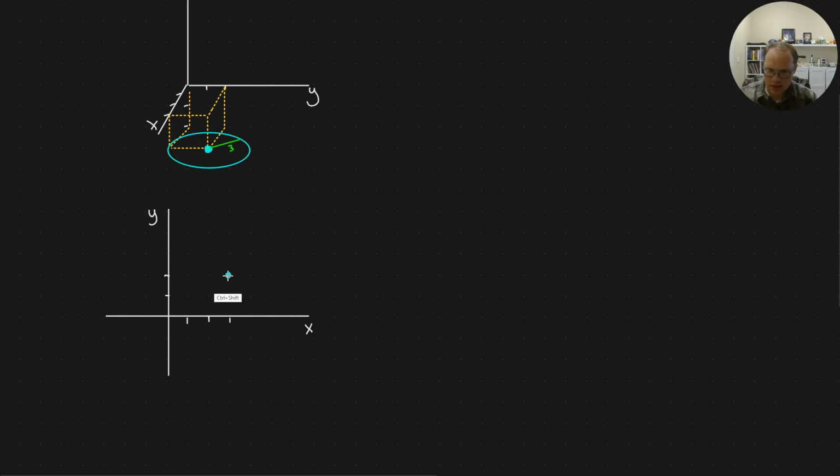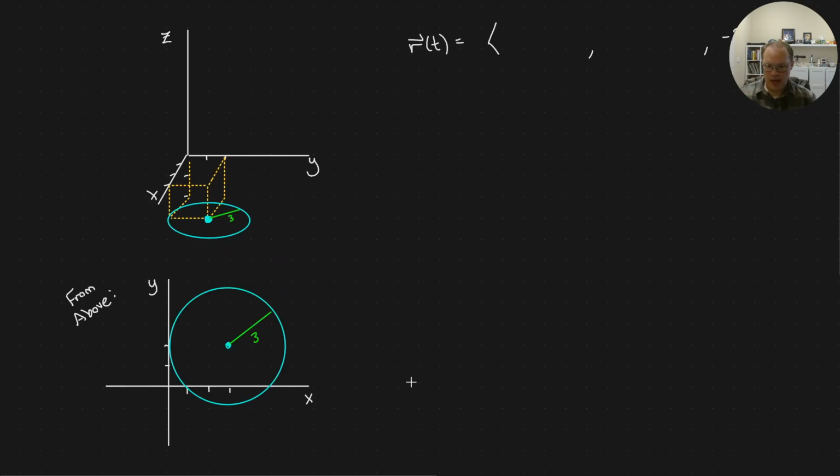So something like that. Okay? How do I describe that circle? So this is the picture from above, looking down the z-axis. How do I describe that circle?